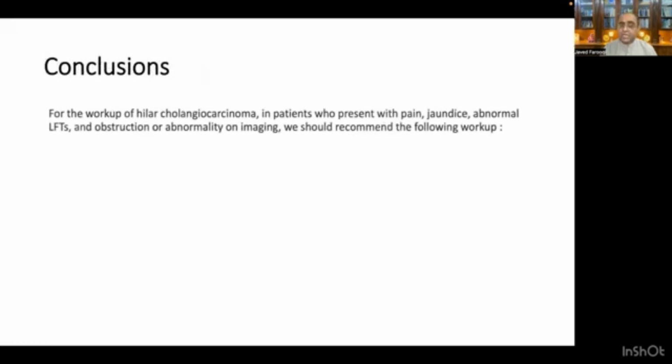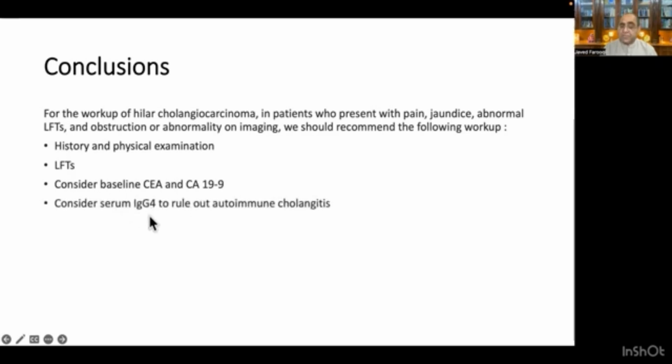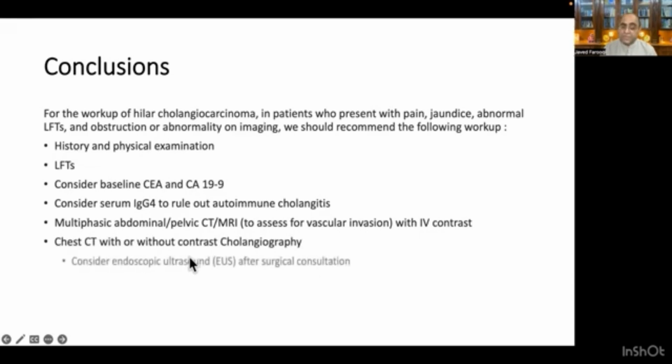So to conclude, dear colleagues, for the workup of hilar cholangiocarcinoma in patients who present with pain, jaundice, abnormal LFTs, and obstruction or abnormality on imaging, we should recommend the following workup: history and physical examination, liver function tests, consider baseline CEA and CA 19-9 levels, consider serum IgG4 to rule out autoimmune cholangitis, multiphasic abdominal pelvic CT or MRI with IV contrast to assess for vascular invasion, chest CT with or without contrast cholangiography, and consider endoscopic ultrasound after surgical consultation.